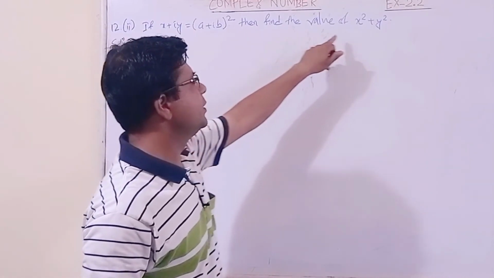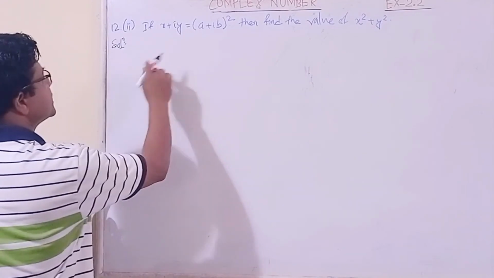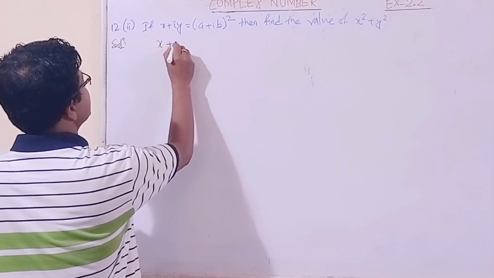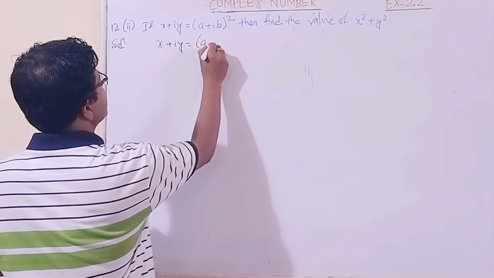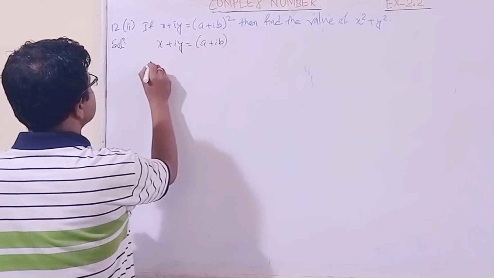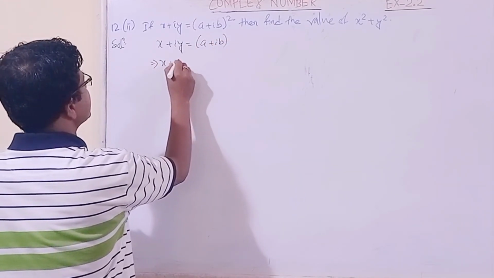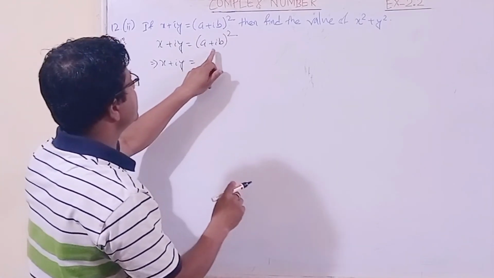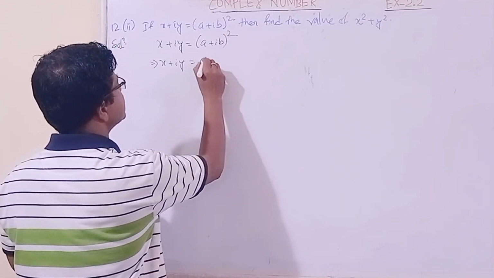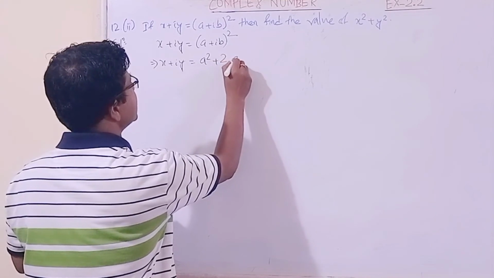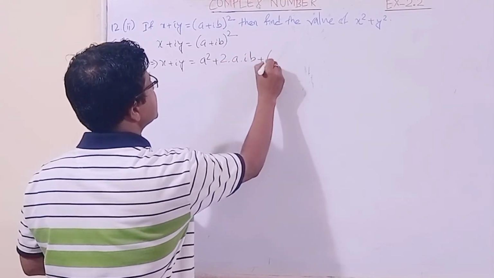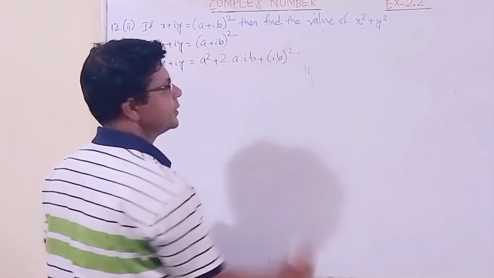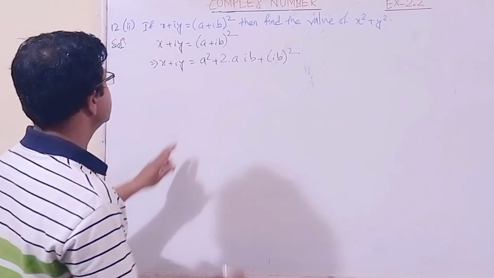Now our last question of this exercise is x plus iy equal to a plus ib whole square. Then find the value of x square plus y square. Let us find from here. Let us take the help. What is given? a plus ib. So this is x plus iy. Sorry, I have not given the square here. Let us expand it. a plus b whole square, so this is a square plus twice ab plus b square. Okay.